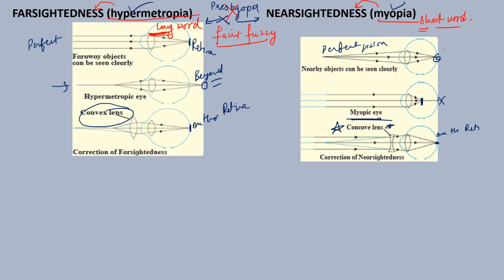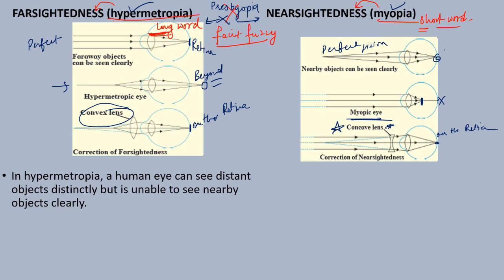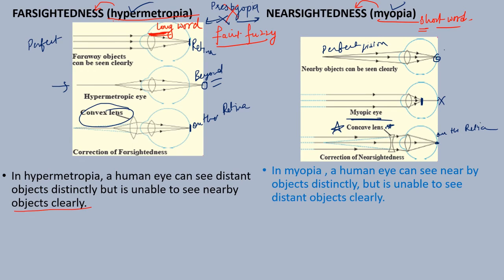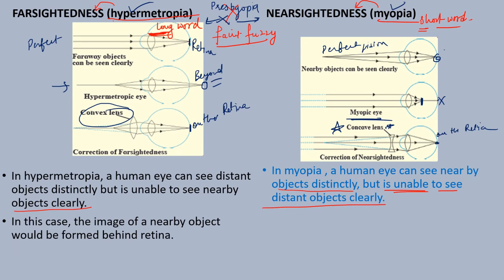So now let's start with the point-wise differentiation between hypermetropia and myopia. In hypermetropia, the human eye can see distant objects very clearly. All right. But in case of myopia, the human eye can see nearby objects distinctly but is unable to see distant objects clearly.